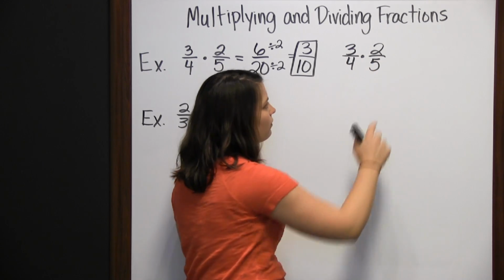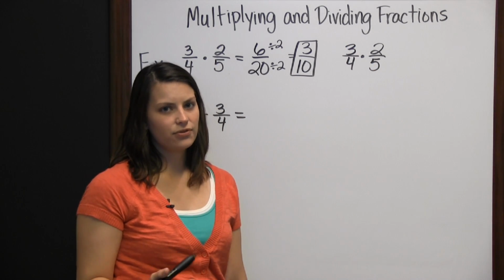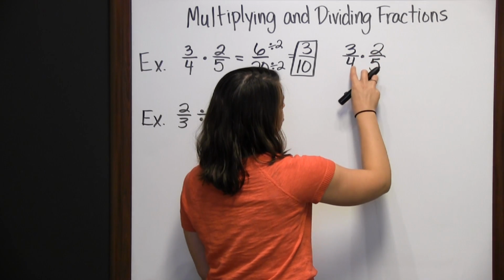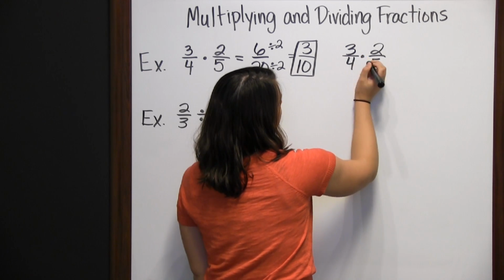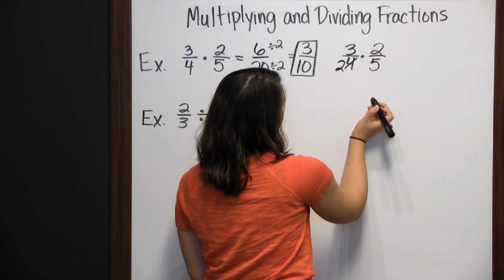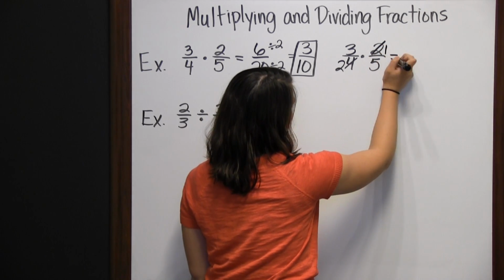So 3 and 5, if we look at 3 and 5, there's nothing we could divide both of those by. However, you could divide 2 and 4 both by 2. So 4 divided by 2 is 2, and 2 divided by 2 is 1.